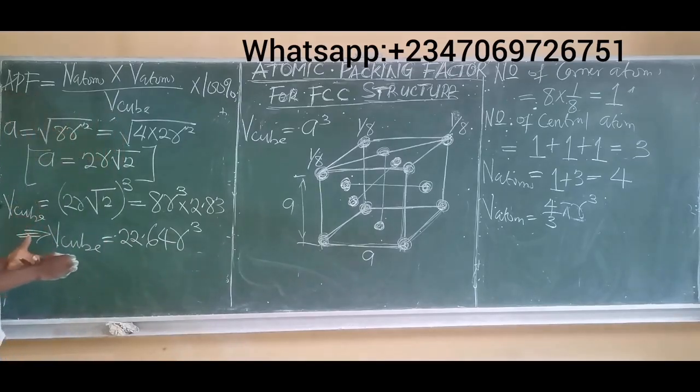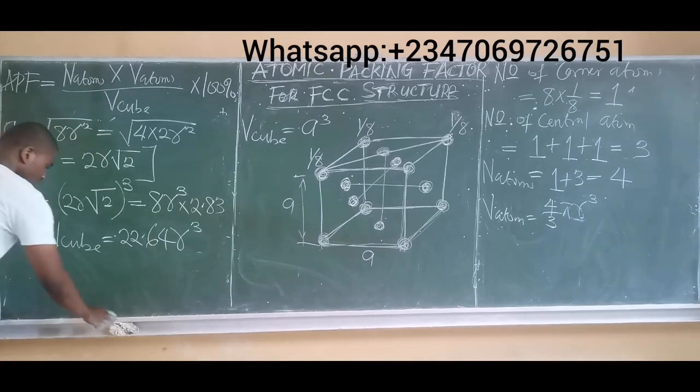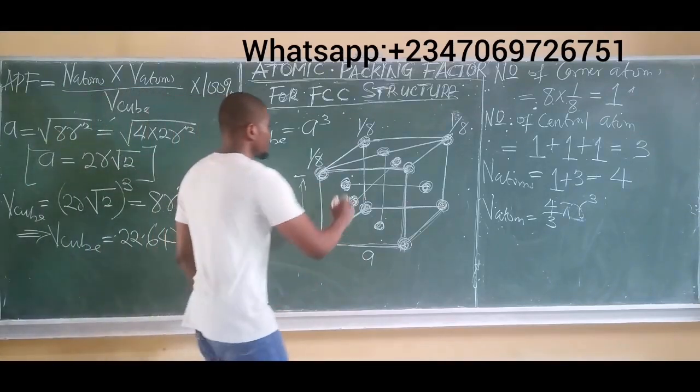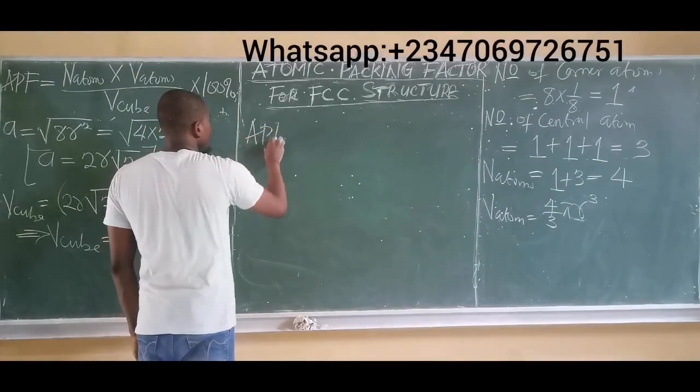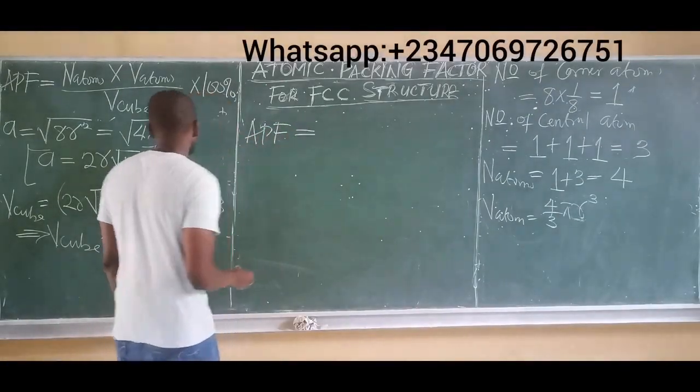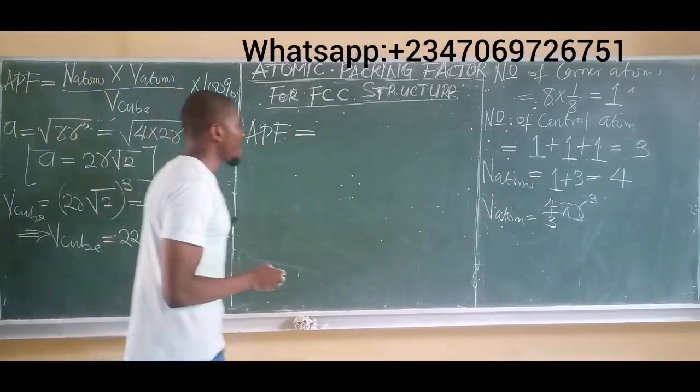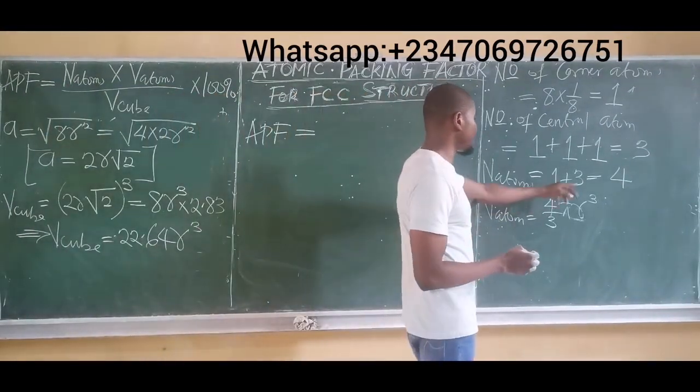Now, if you know the volume of the cube, you know the number of atoms and the volume of atoms, you can find the atomic packing factor for the FCC structure. So let's do that over here. So the atomic packing factor is equal to, remember, the number of atoms, and the number of atoms we obtained here is 4.